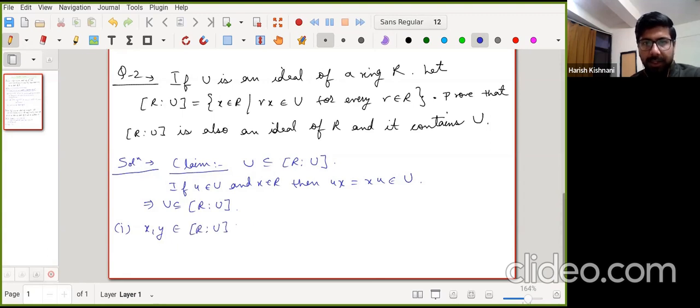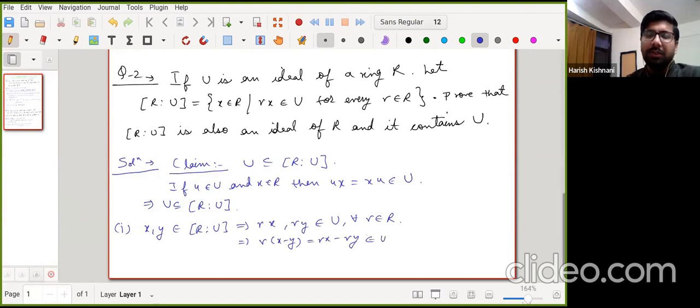It will just imply that rx and ry are inside your U for all small r in the ring R, and that will imply that rx minus ry, that is r(x minus y), will be inside U because U is already an ideal, so it's closed under this a minus b thing.